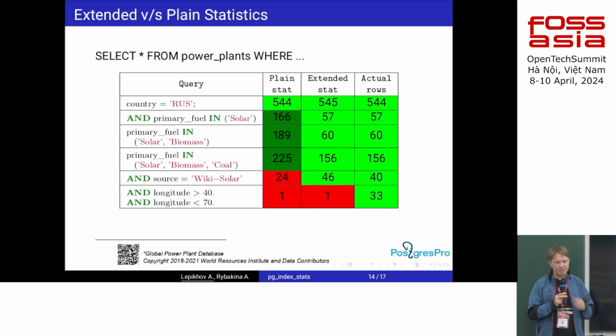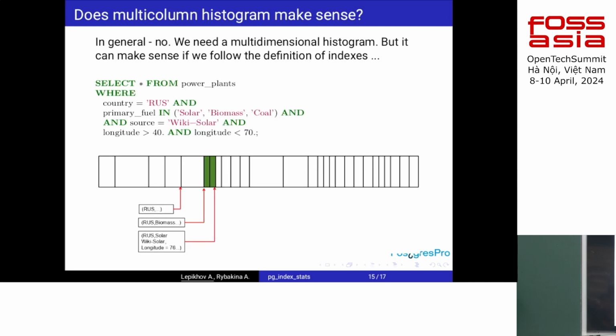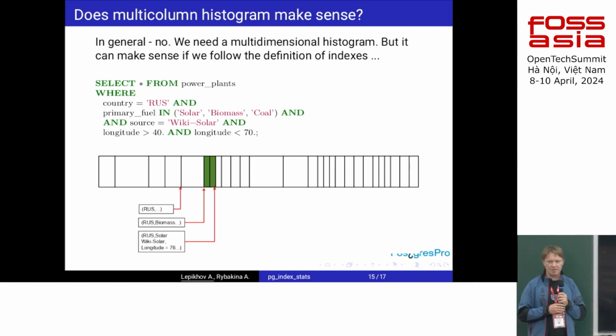But with inequality, what can help? Usually, we use histograms when we need to estimate an inequality. In general, usual histograms can't work properly because we don't know anything about the order of clauses.